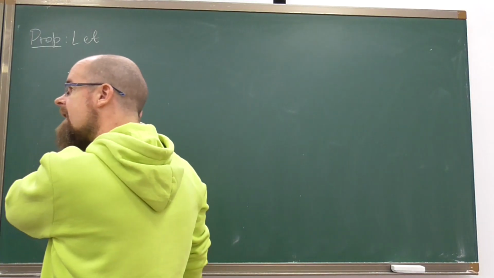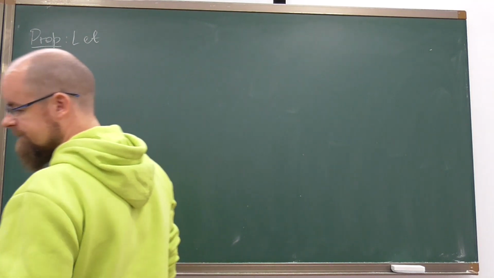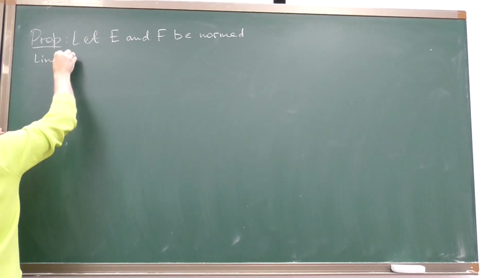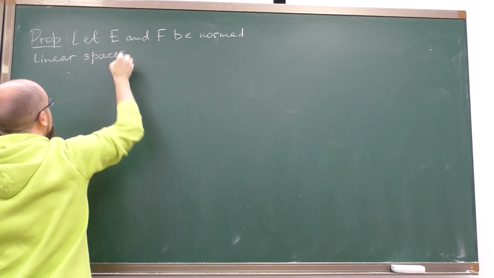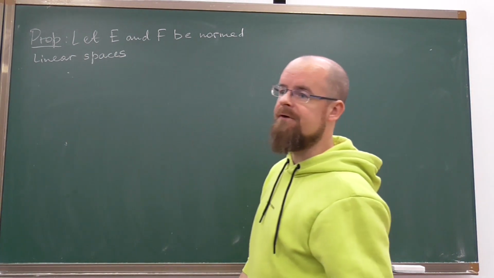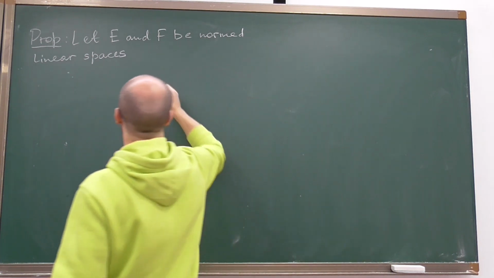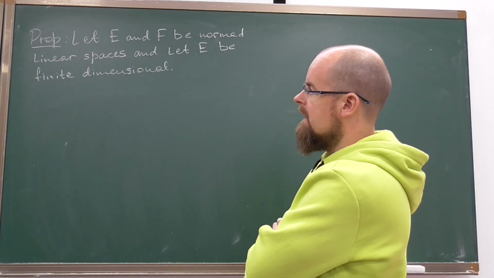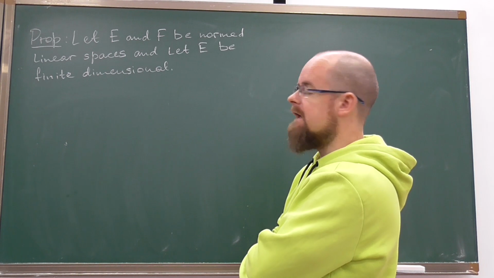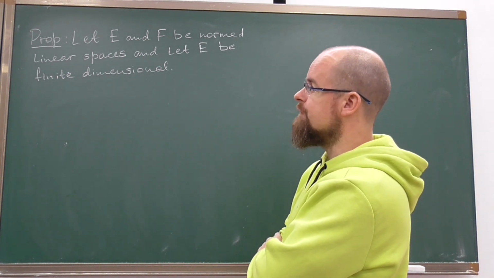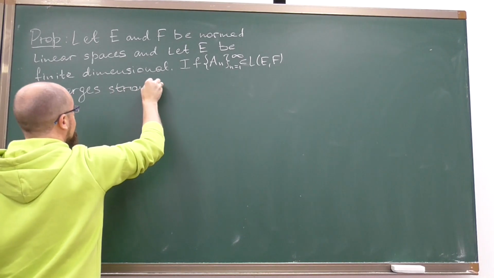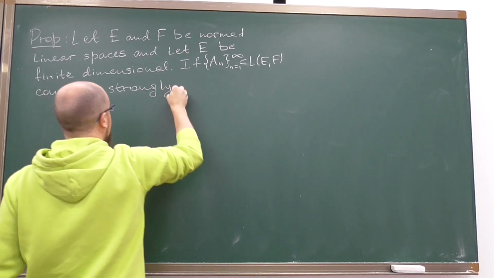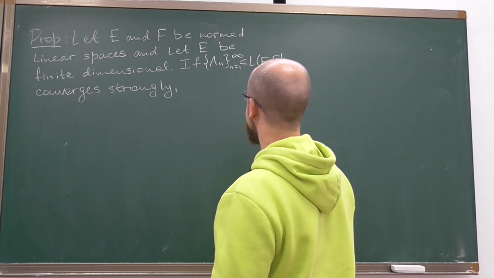Let E and F be normed linear spaces, and let E be finite dimensional. Now, if we take any sequence of operators converging strongly, then it converges uniformly.